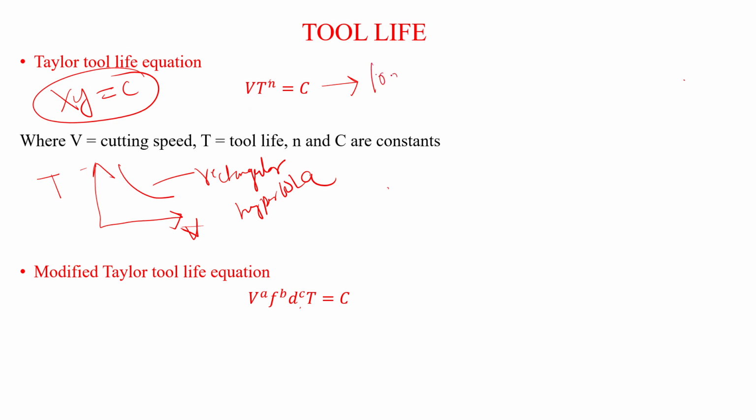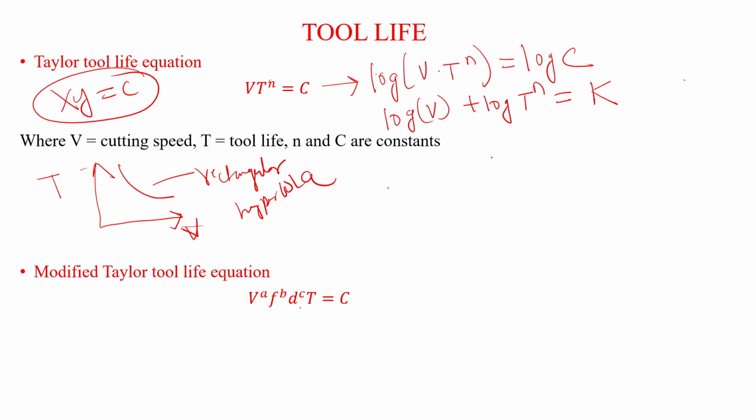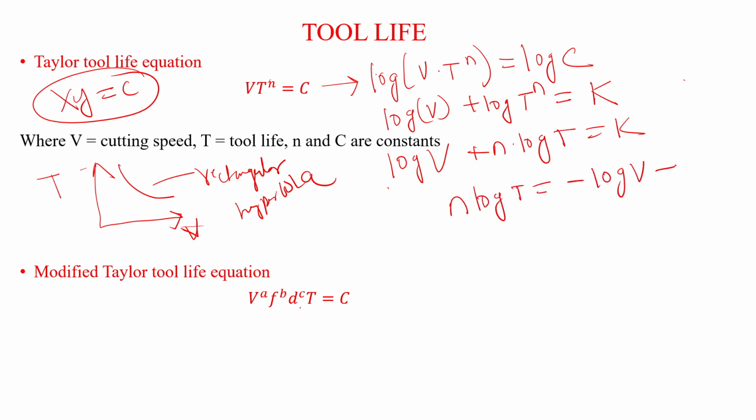So if we take a log on both sides, V T to the power n equal to C, then log of a into b is log a plus log b. It will become log V plus log T to the power n equal to log C, and this log C is constant only, so I can keep it as k. So this will become n log T plus log V equal to constant, and this n log T will become minus log V plus k.